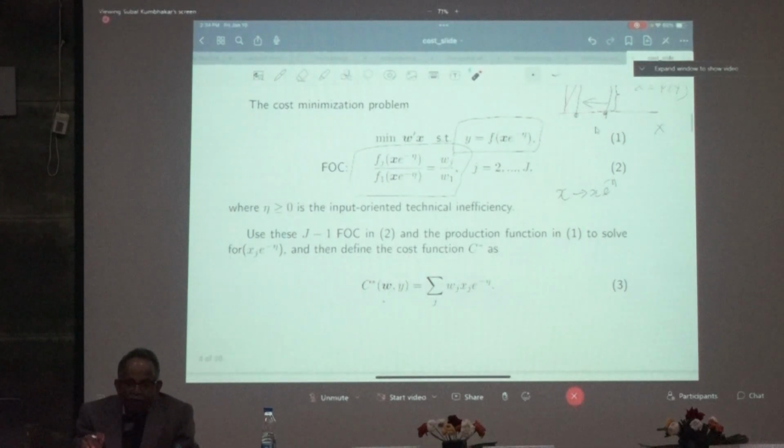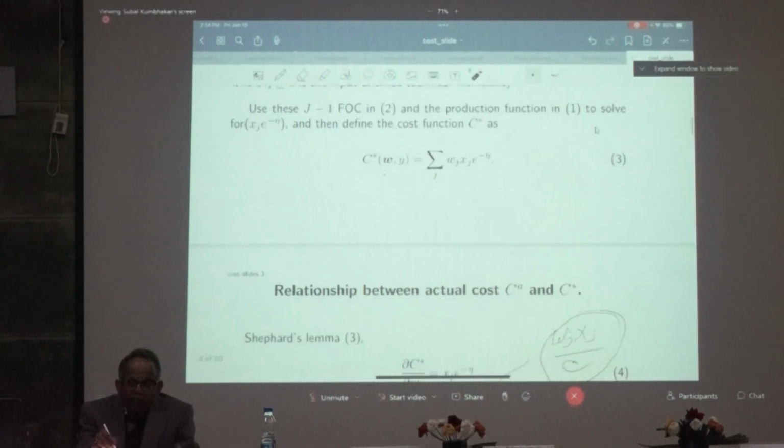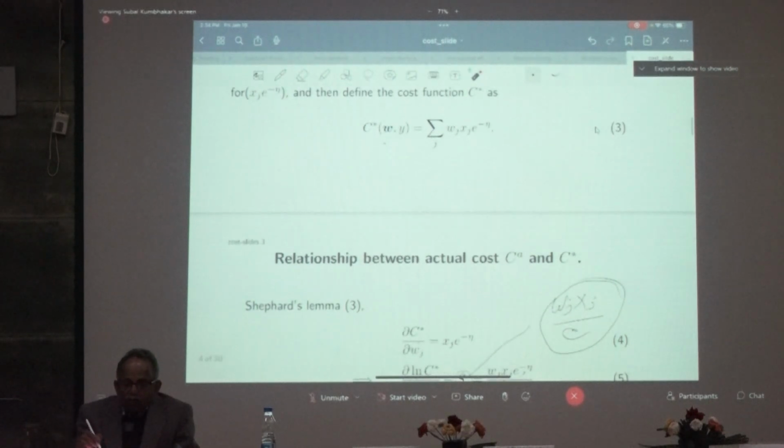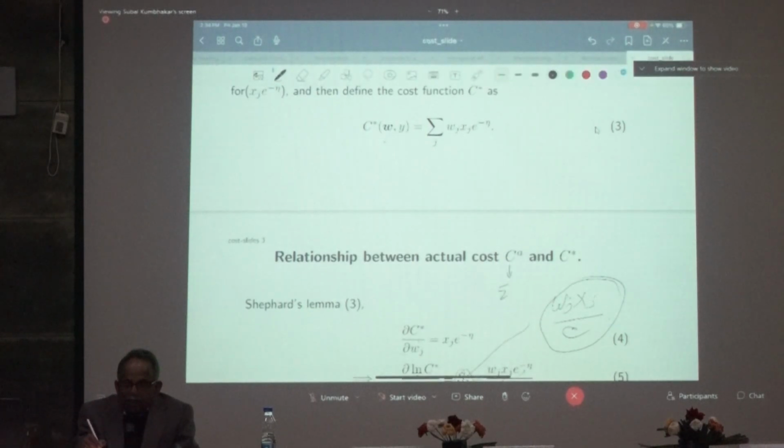Okay, so what do you see? That means you have to relate this to actual cost, because this is not something observed. And what is actual cost? Actual cost is the cost of inputs. So what is CA? This is equal to the summation of wj xj.